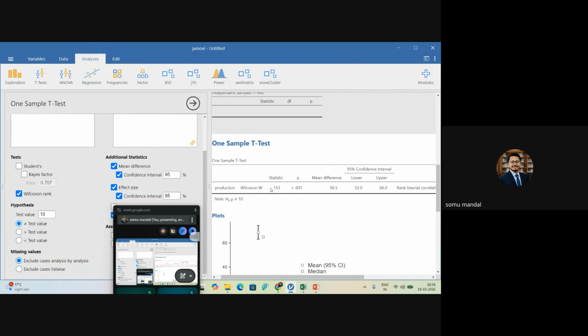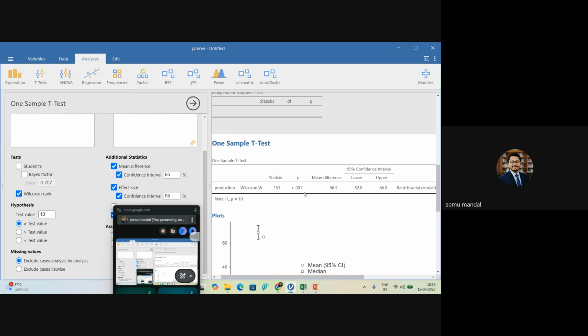Statistics is the W value. Look here, less than 0.01, it actually indicates that your null hypothesis is rejected. The null hypothesis says there is no difference. The alternative hypothesis says there is a difference.